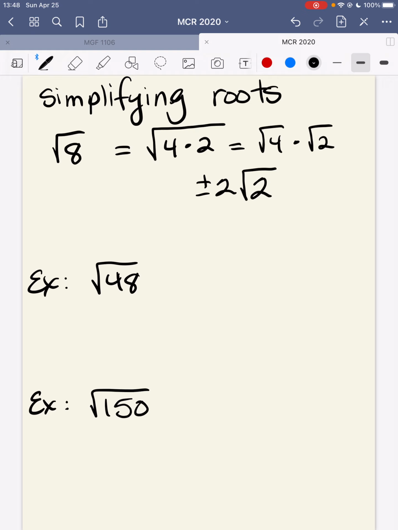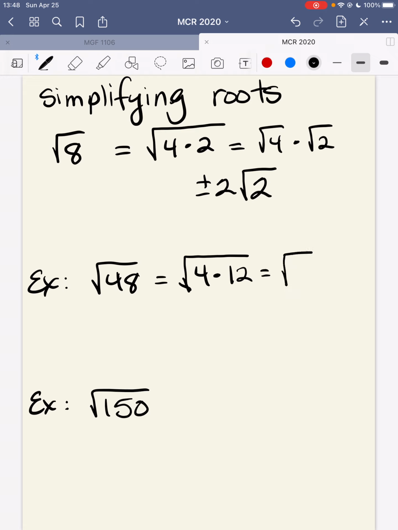Let's look at the square root of 48. I'm going to break it down. It doesn't matter how you break it down. You may see something different than me, but I see a 4 times 12. That's not perfect, but I also see something else in particular.